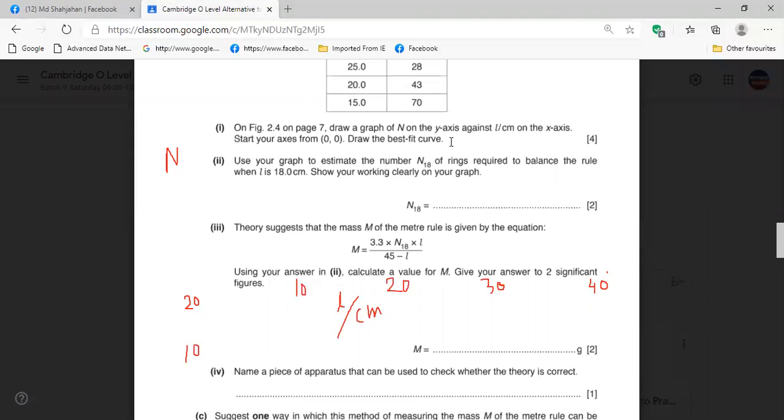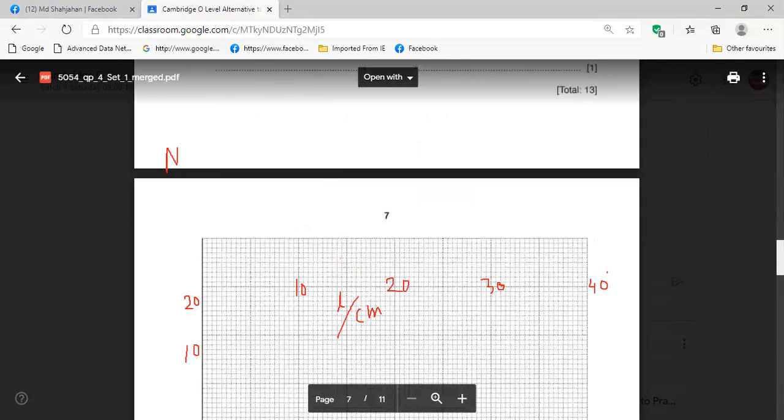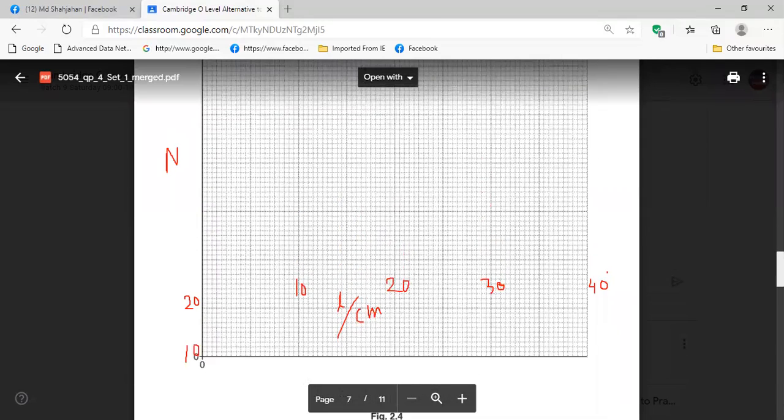So with your points, you will draw a smooth curve line. The line should be like this, smooth. I'm showing you a little bit. You can also try it. After getting the points, it will be more clear to you. The graph will be like this. Okay, smooth curve, not discontinuous. It should be a smooth curve. Okay, is it clear?